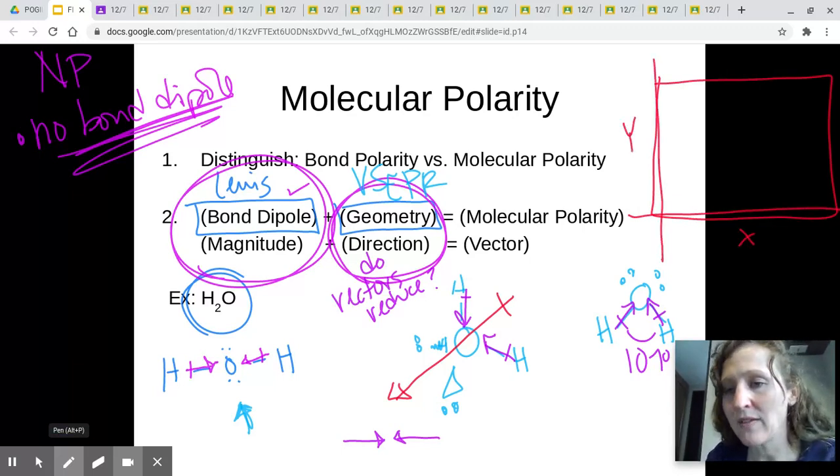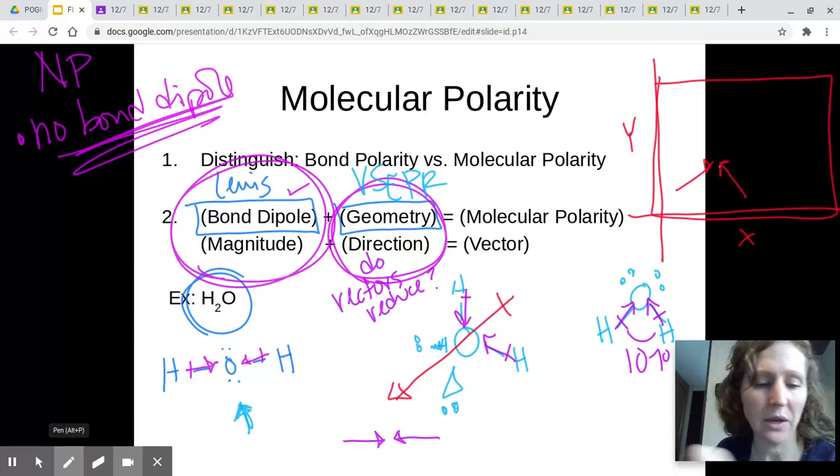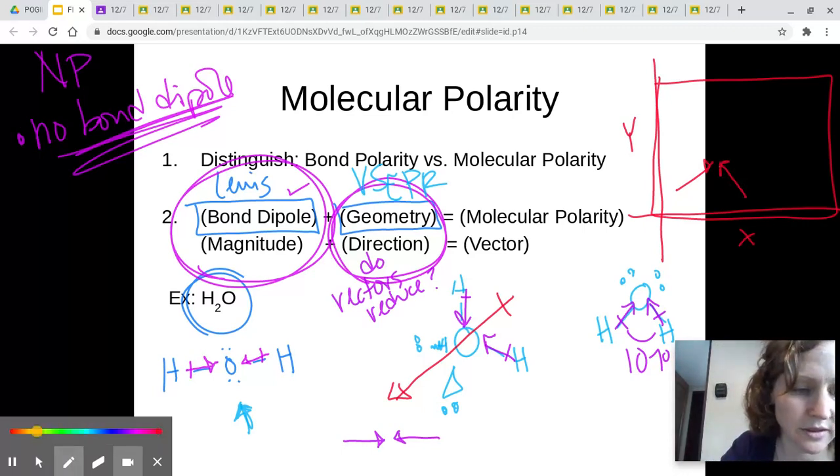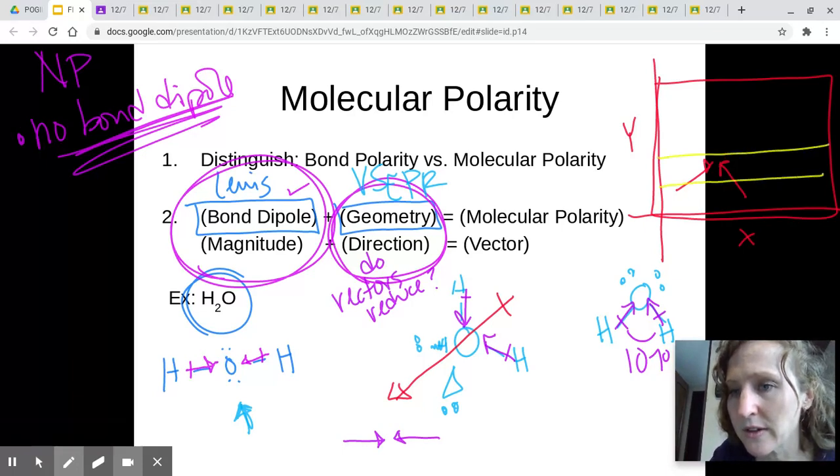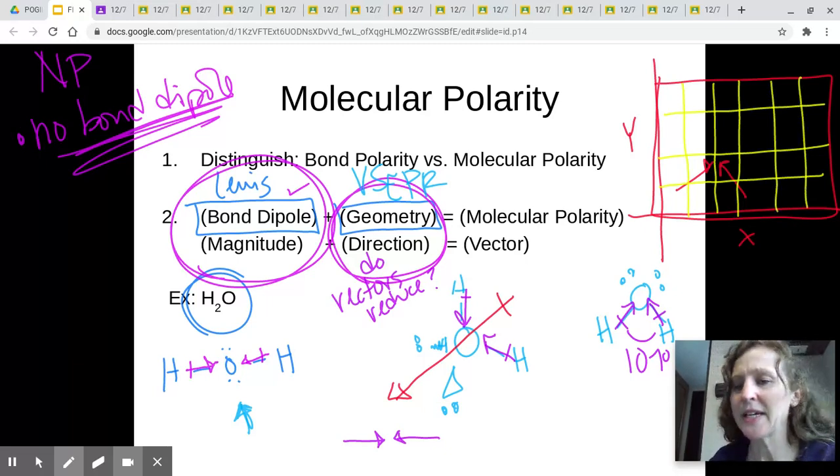Okay, so if we have these two forces, this would be better on graph paper. Okay, but let me just draw in some graph paper here real fast. Something like that, okay?